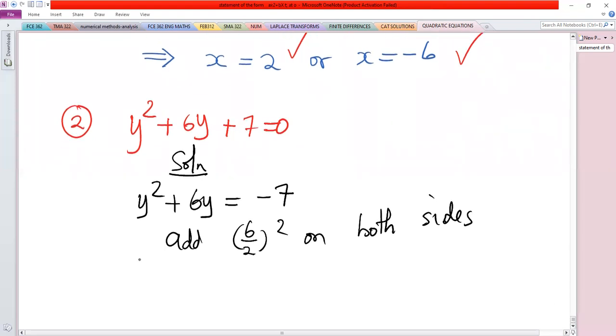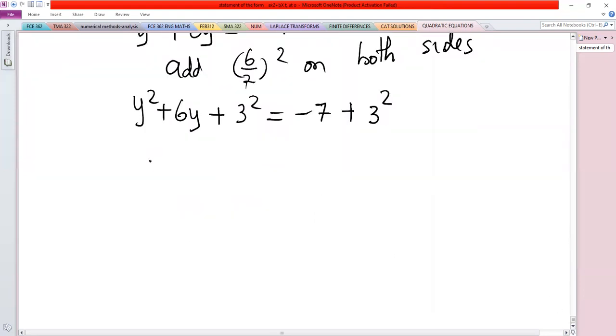So that means we'll have y squared plus 6y, 6 divided by 2 is 3, so 3 squared, equals to minus 7 plus 3 squared.